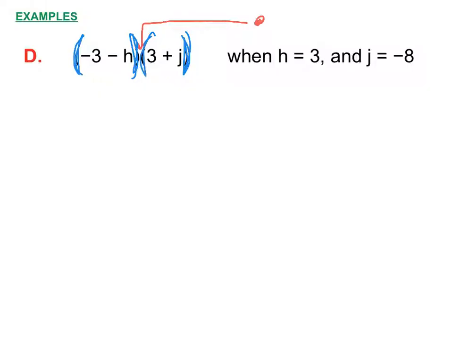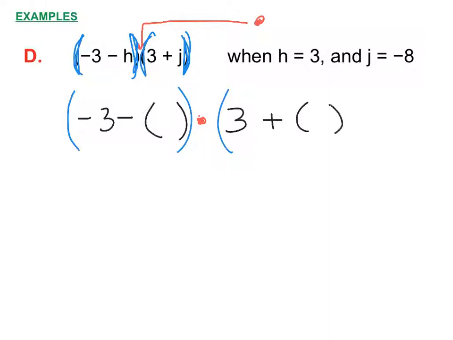So let's rewrite this with replacing our variables. So negative 3 minus whatever the value of h is, close those parentheses. This right here is multiplication between those two sets of parentheses. 3 plus the value of j, close parentheses.